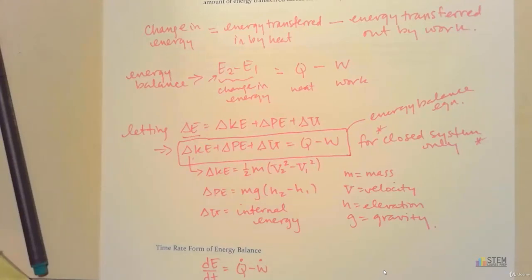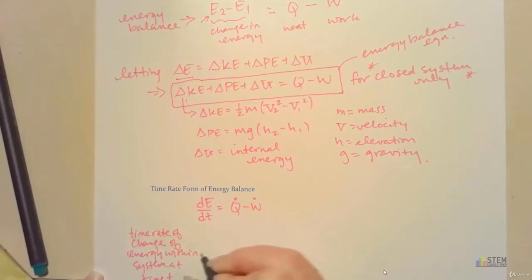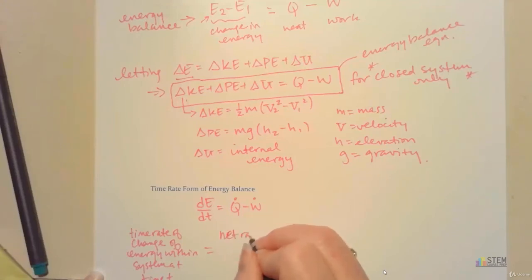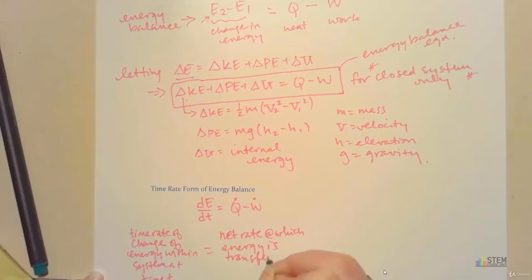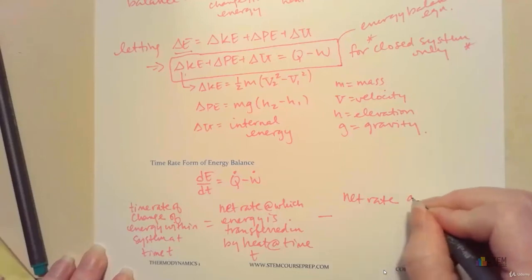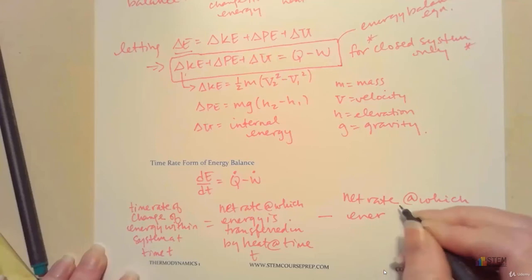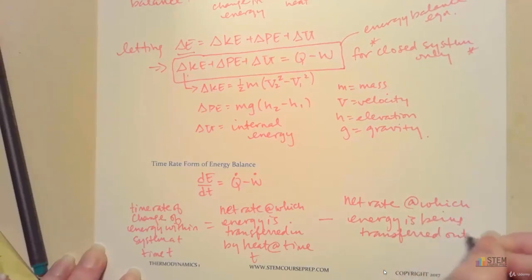And then if we write it in words, what that means is the time rate of change of energy within the system at time t is going to equal the net rate at which energy is transferred in by heat at time t, and then we're going to subtract the net rate at which energy is being transferred out by work at time t.